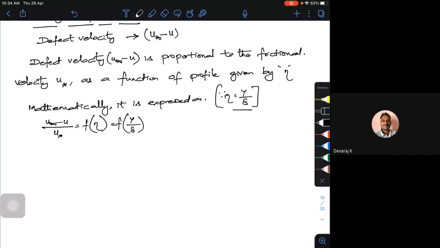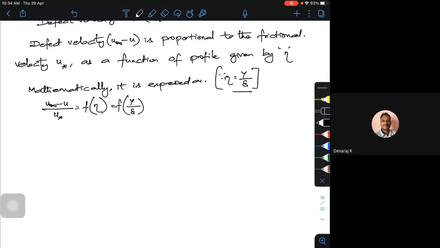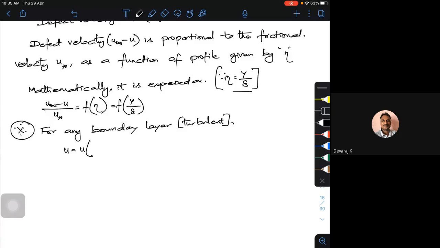So why is all this happening? Because for any boundary layer which is turbulent, your velocity is a function of many things: your density, your boundary layer thickness, your y parameter, your wall shear stress.